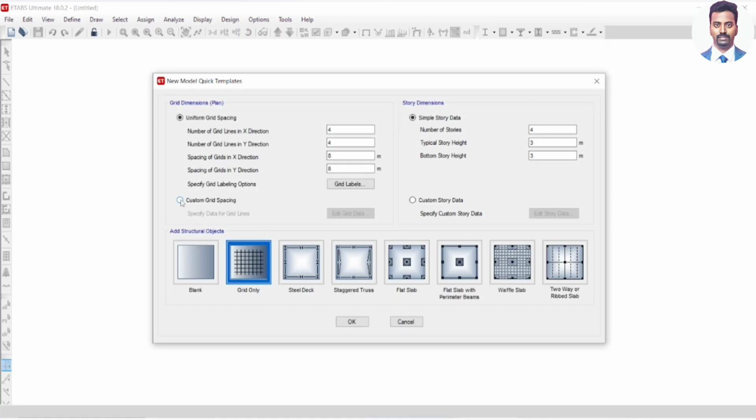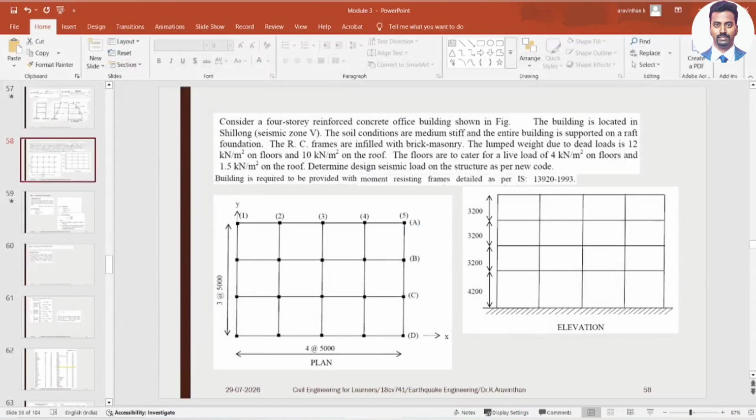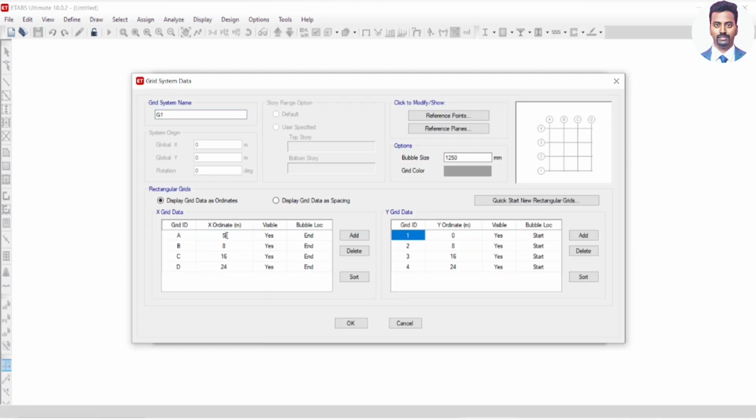We can customize this grid. Here we are having 1, 2, 3, 4 rows, 1, 2, 3, 4, 5 columns. All are 5 meter distance. 5, 10, 15, 20.